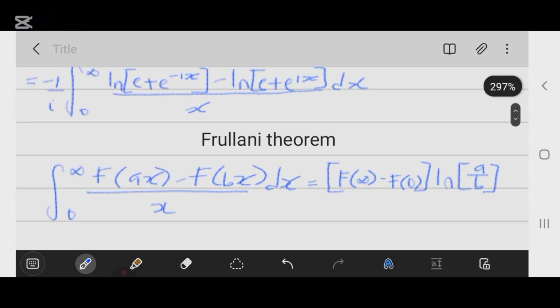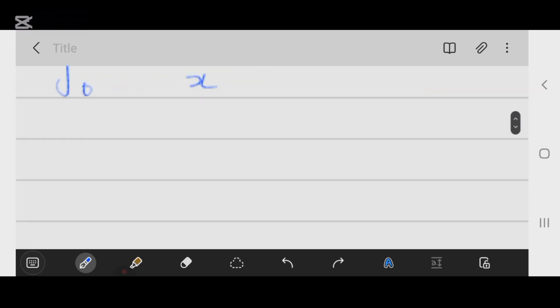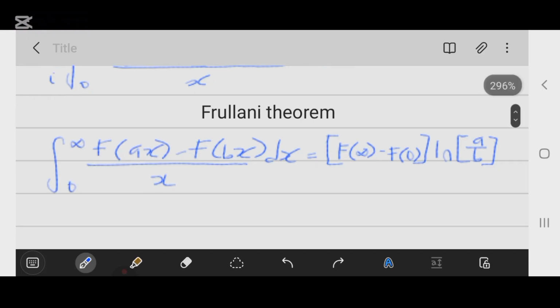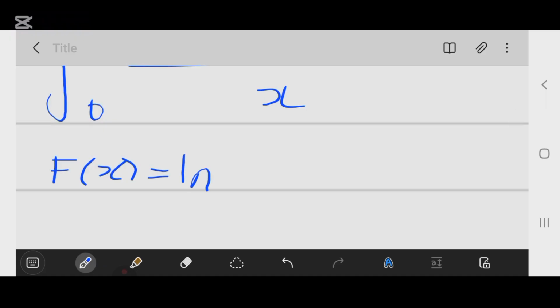Now let's take here to be function ax and here to be function bx. Now let's take our function x to be ln of e plus e to the power of minus ix.